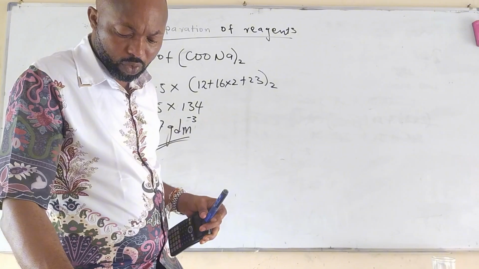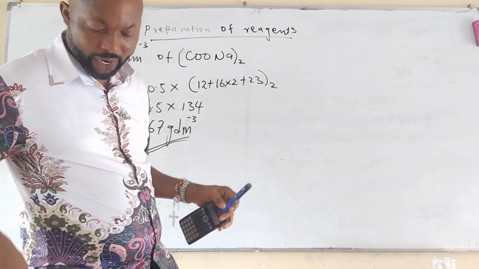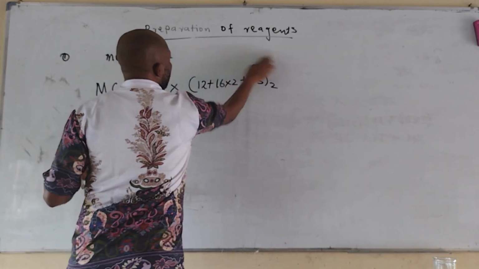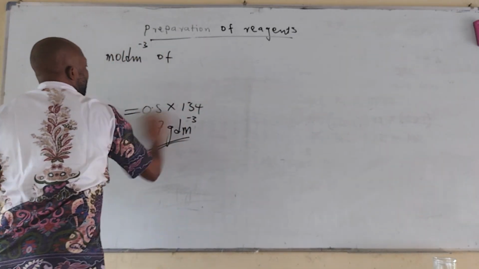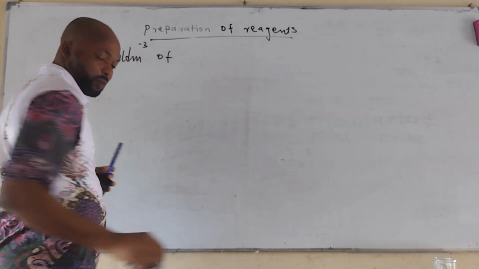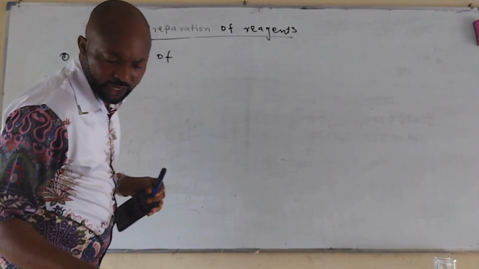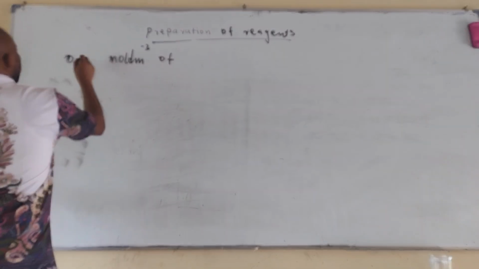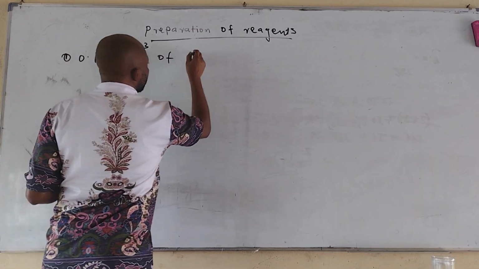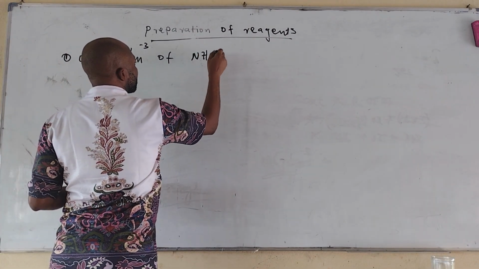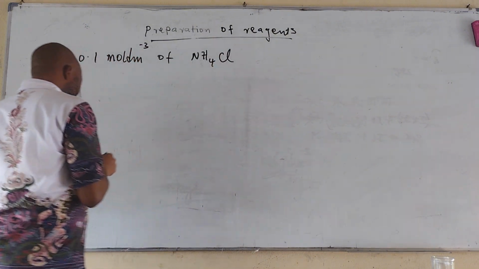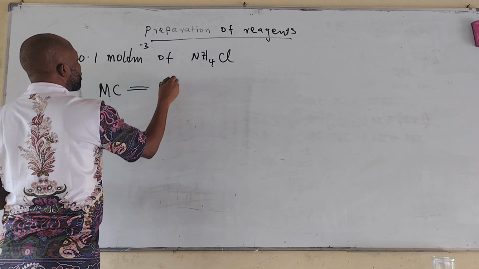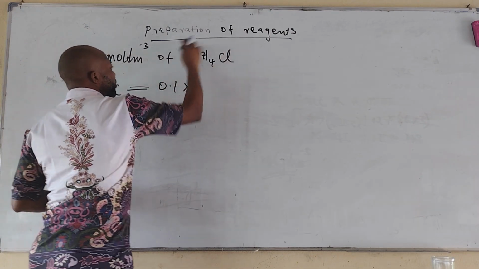Let's take 0.1 mole per dm³ of ammonium chloride. I still have my mass concentration, which is 0.1 times the relative molecular mass.